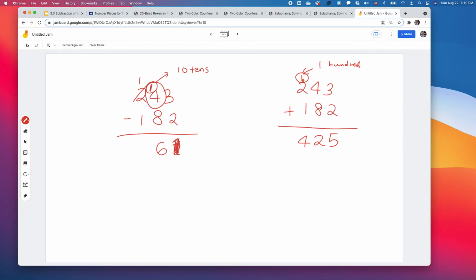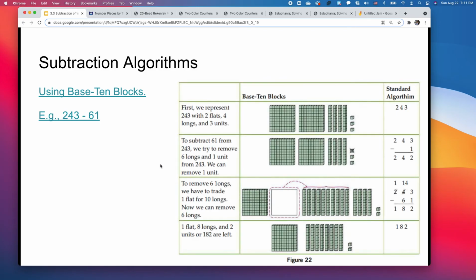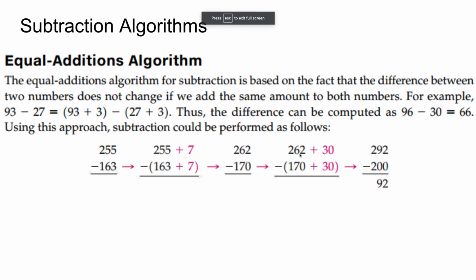But here in addition, it was the same digit here. Okay, I think that's very important. So I wanted to emphasize that. Okay, so we already did that, right? Regrouping stuff. So take a look at that too. And the subtraction algorithm, we're still working on that.